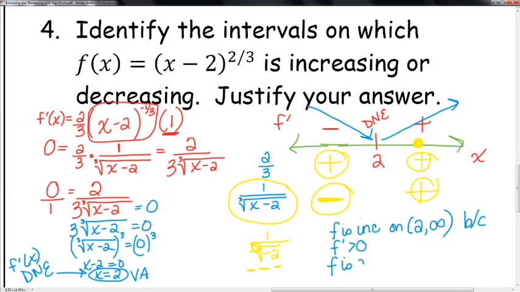F is decreasing, I'll put DEC, on negative infinity to 2, again BC for because. F prime is less than 0, or negative.